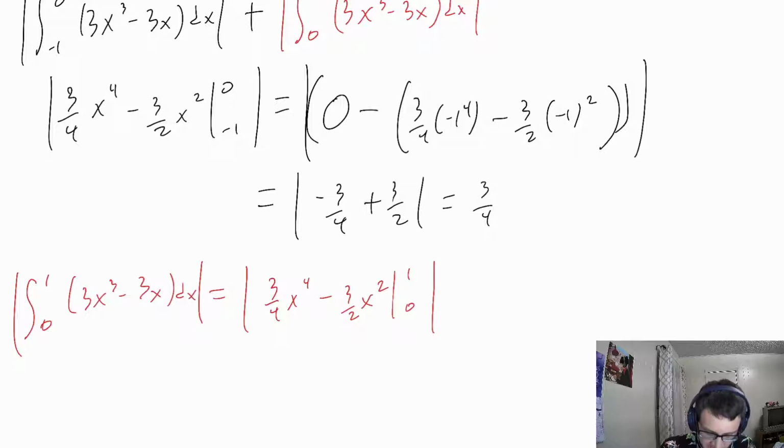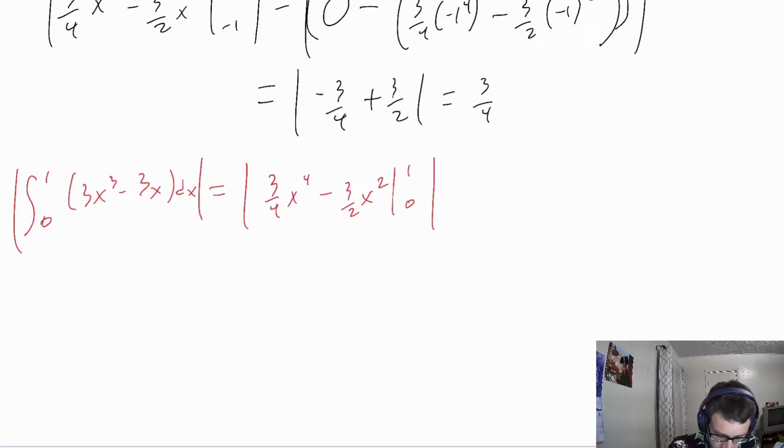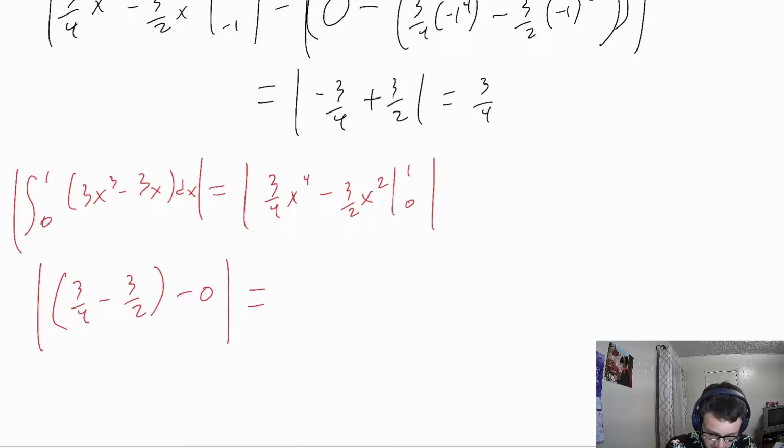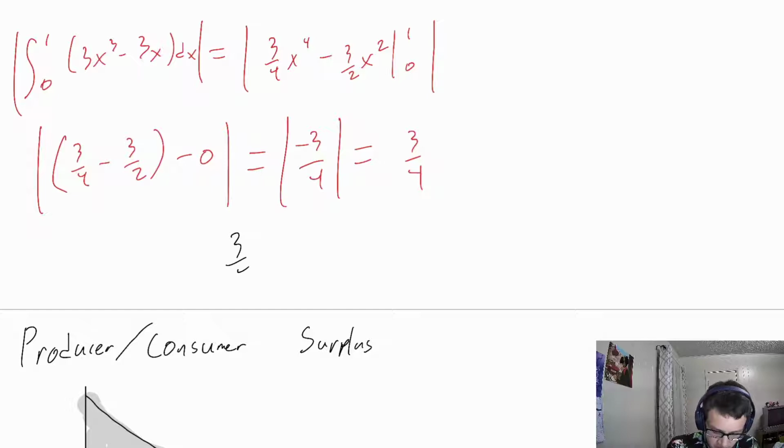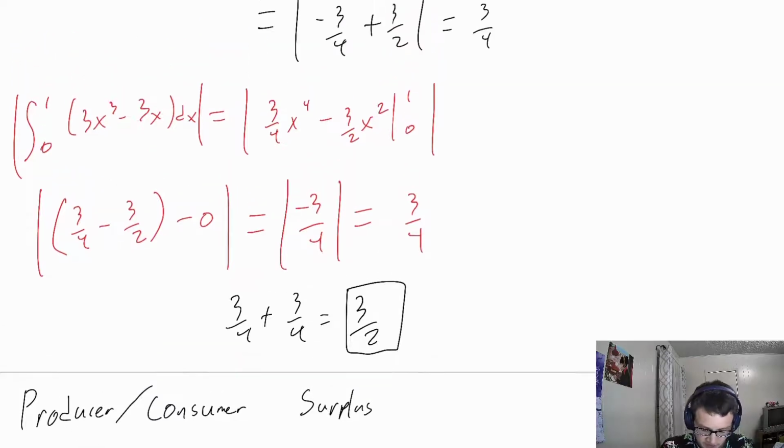Evaluated from 0 to 1 in absolute value, which gives us 3/4 minus 3/2 minus 0 in absolute value. This gives us the absolute value of -3/4, which is 3/4. Now we sum these together. We have 3/4 plus 3/4. This gives us 3/2 for our total area.